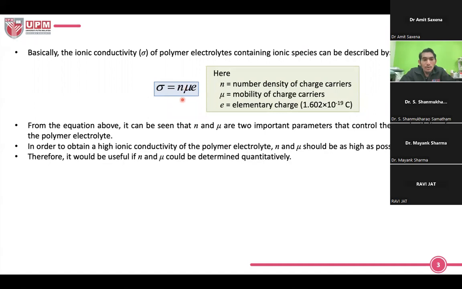So we do not know which parameter contributes to the conductivity. So in order to obtain high ionic conductivity, n and mu should be as high as possible. So it is useful if we can determine n and mu quantitatively, so that we can prepare a polymer electrolyte that has a high ionic conductivity.